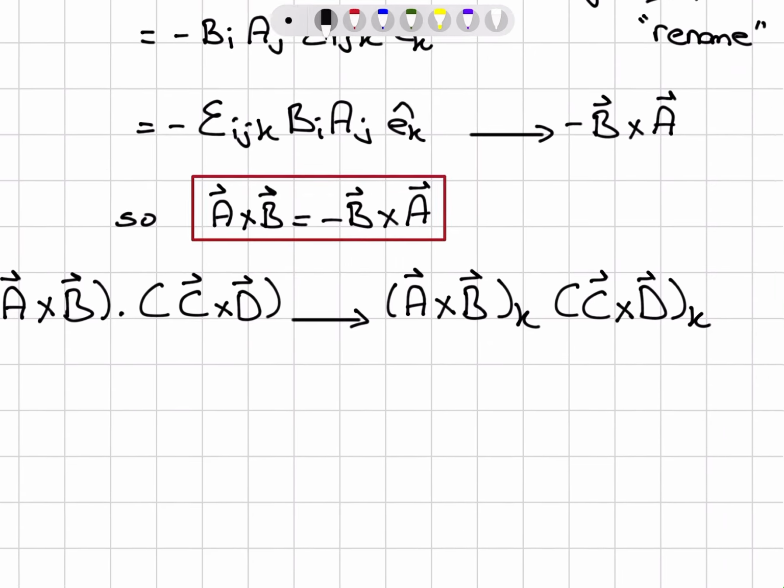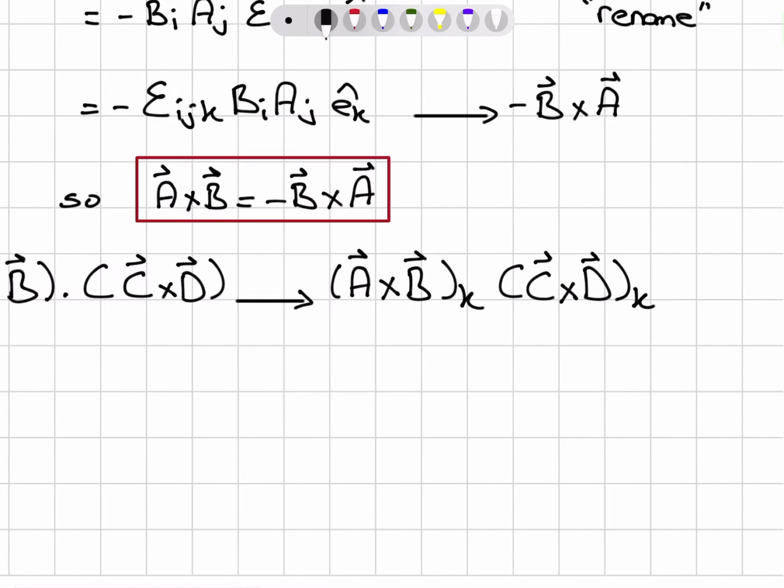And now I have to recall how do I write the kth component of a cross product. This is epsilon ijk a_i b_j. That's the kth component.